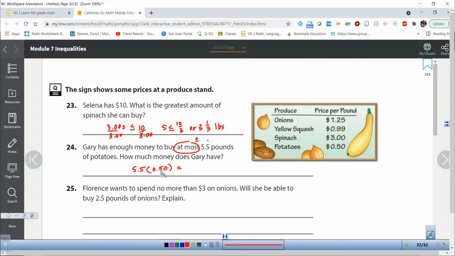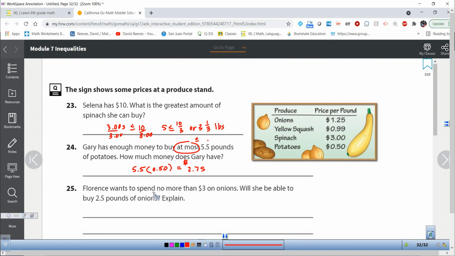Well, 50 cents is half, right? Half of 5 is 2.50. Half of 50 cents, or half of 0.5 would be 0.25, right? So what are we going to get? We're going to get 2.75. So he has $2.75. So when you multiply those, that's what you would get.